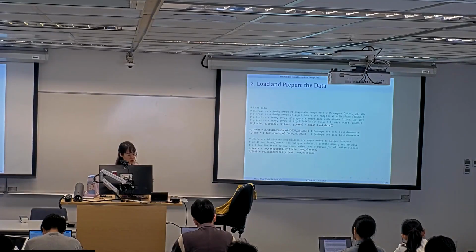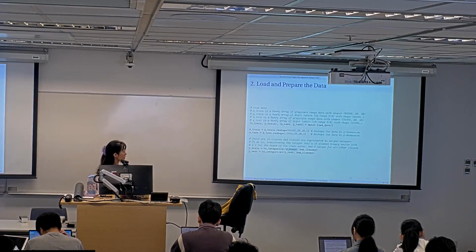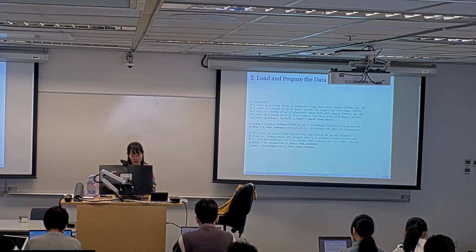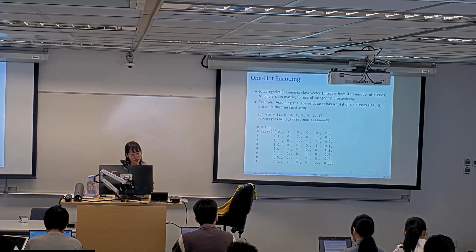So here we do this one-hot encoding by simply applying this function, to_categorical. To to_categorical, we need to first give the label array Y_train, and then we need to give the number of classes. After that, it will automatically do the one-hot encoding and give something like this.